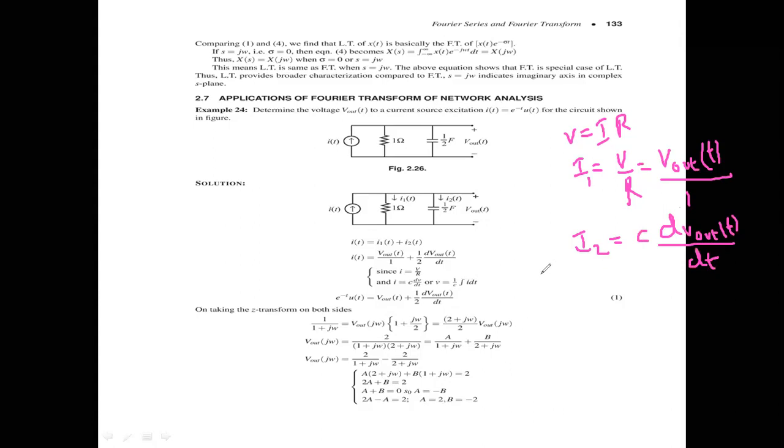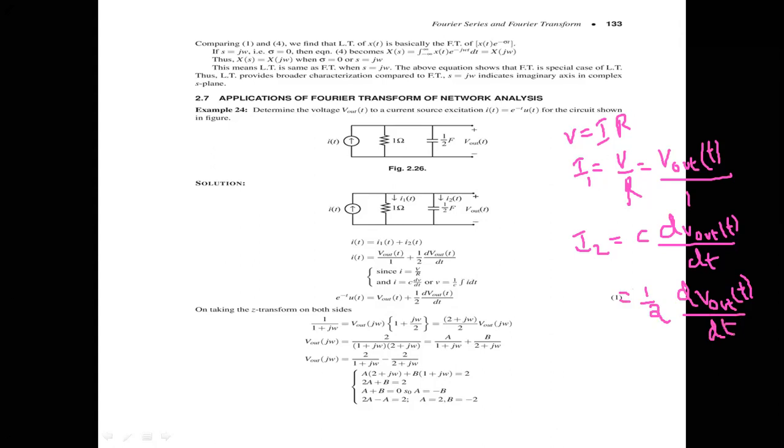In terms of voltage it is 1 by C the integral of I dt, but here we are applying I2. So I of t is equal to V out of t by 1 plus C into, and C here is 1 by 2, that is 1 by 2 into dV out of t by dt.